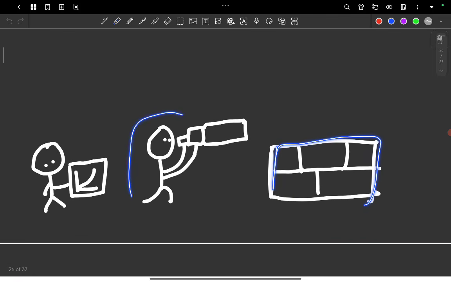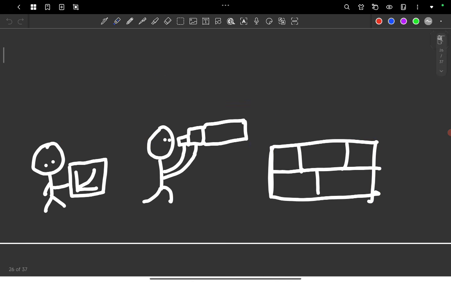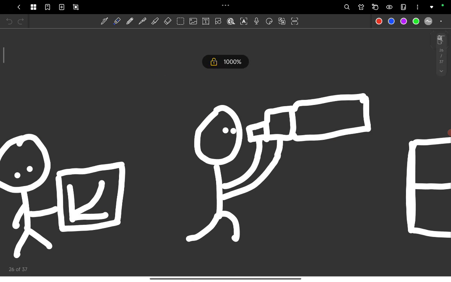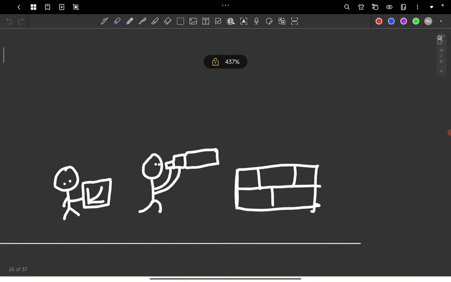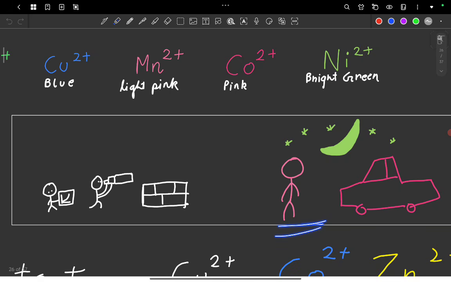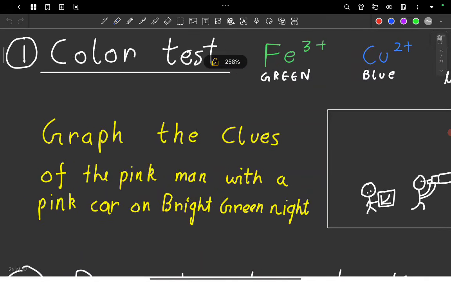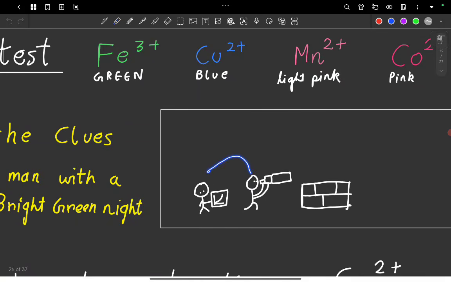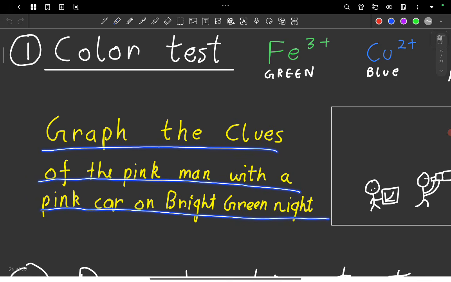This is a wall, and one of them is looking over the wall, and he is telling the clues to this guy over here, and he is making a graph of all the clues that they are seeing of this man. So this is the story. And how do I remember this? This is an order from this guy to this guy: Graph the clues of the pink man with a pink car on bright green night.